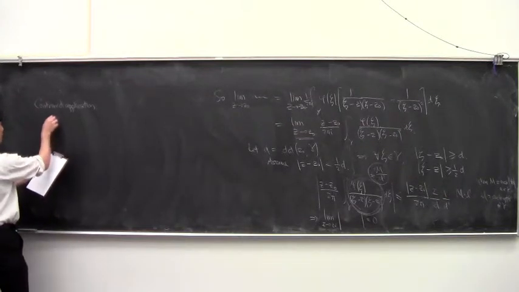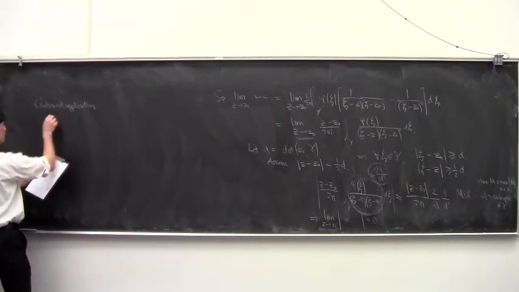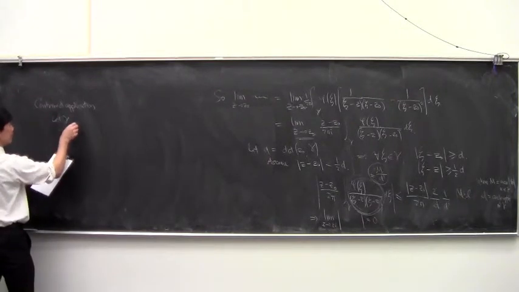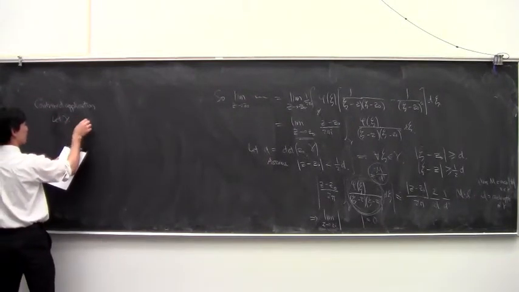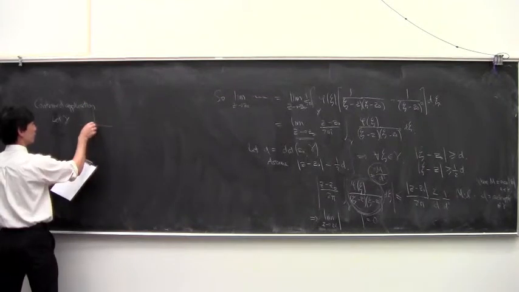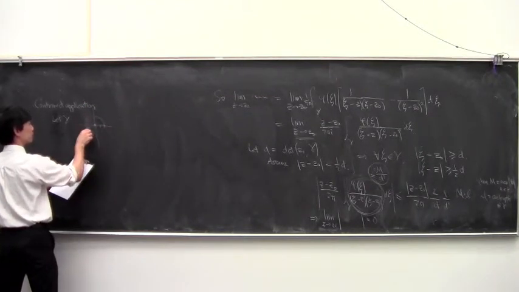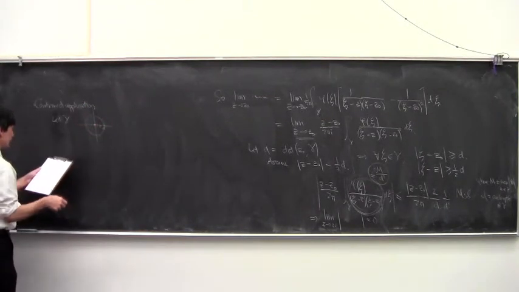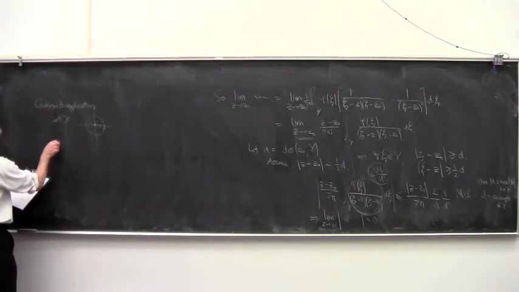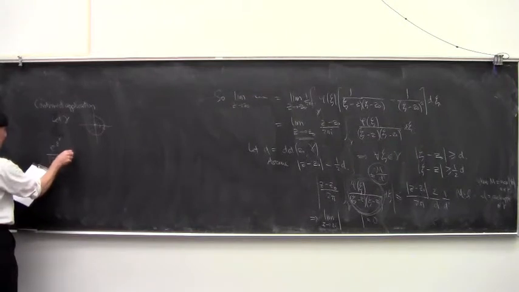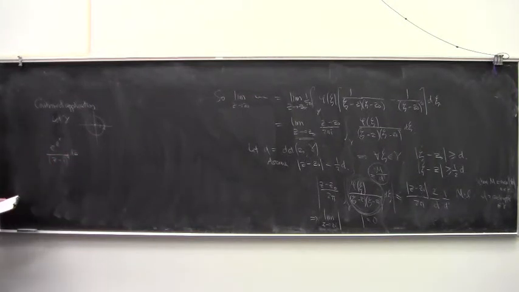So if you have, say, let gamma be a circle around 0 of radius 2, and somebody asks you to evaluate this. Now you can do it using your integral formula.